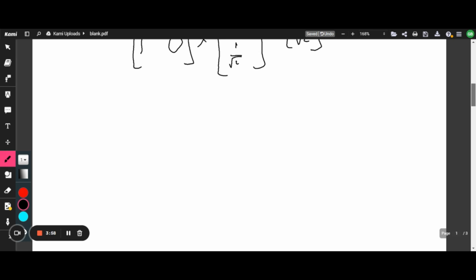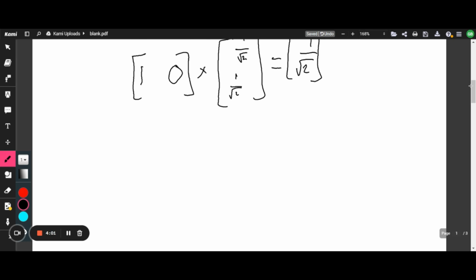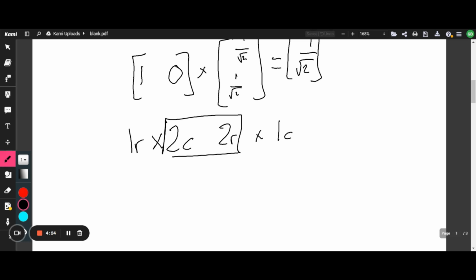I will go over the steps briefly. Since this is a 1 row by 2 column matrix, and this is a 2 row by 1 column matrix, we see that the columns of the first matrix match up with the rows of the second matrix.